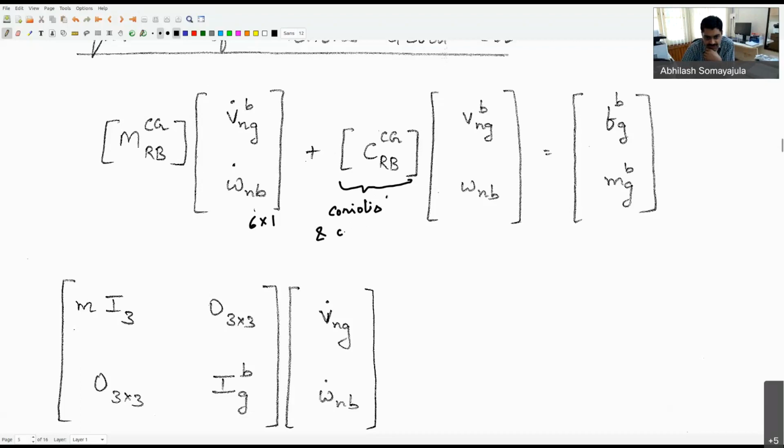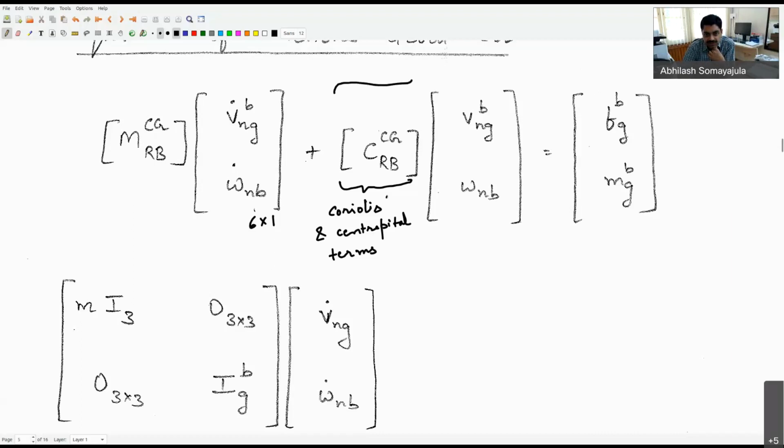Coriolis and centripetal terms multiplied by the velocity is equal to the external force. Notice that this term, in general, we would have mass times the acceleration is equal to the external force.